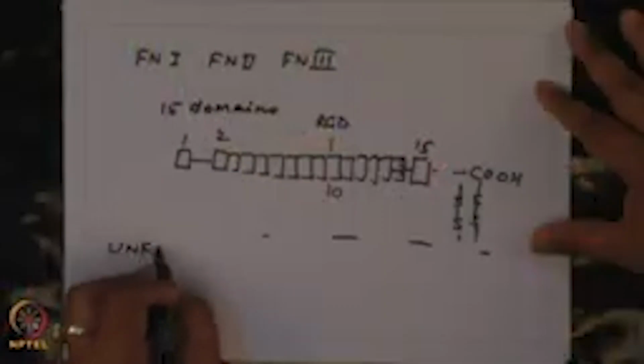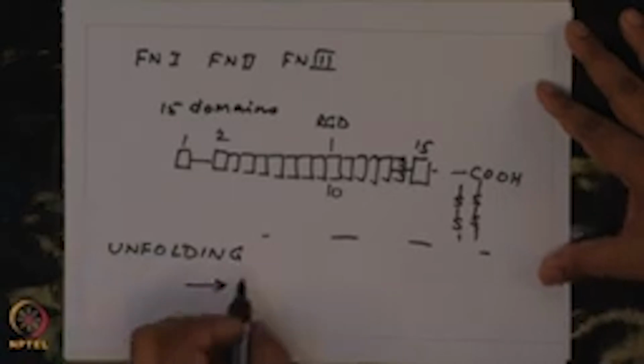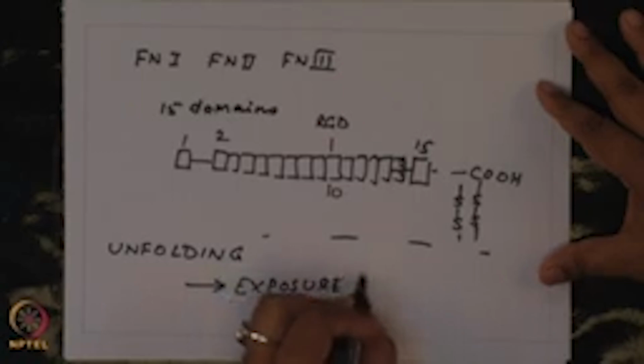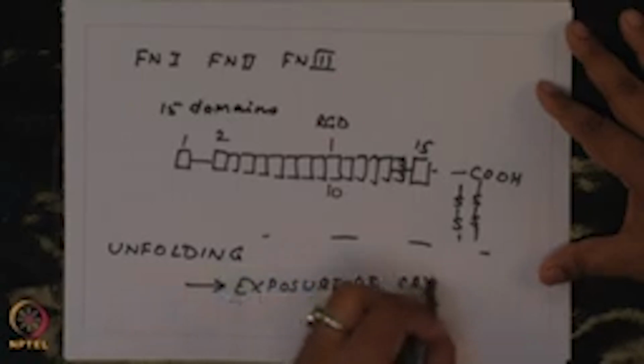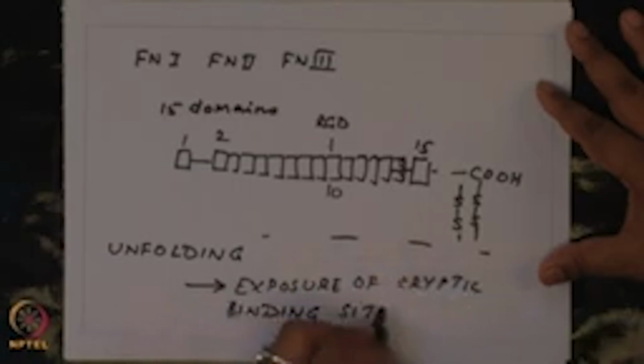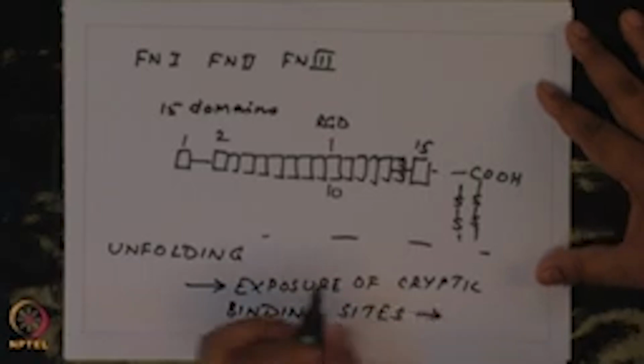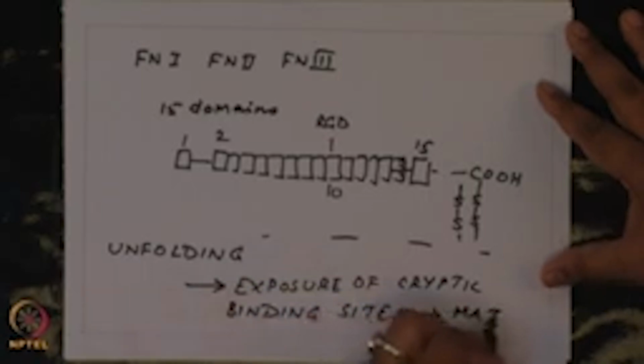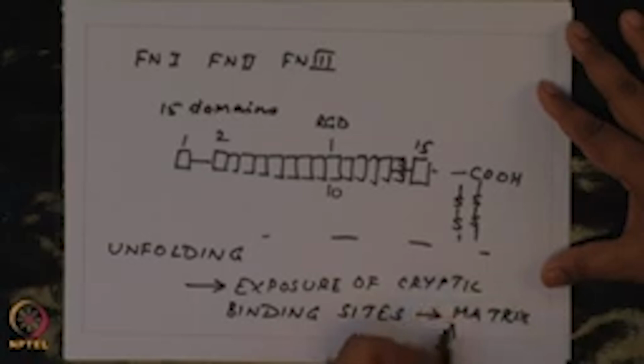So you have unfolding leading to exposure of cryptic binding sites, and then this regulates matrix assembly.